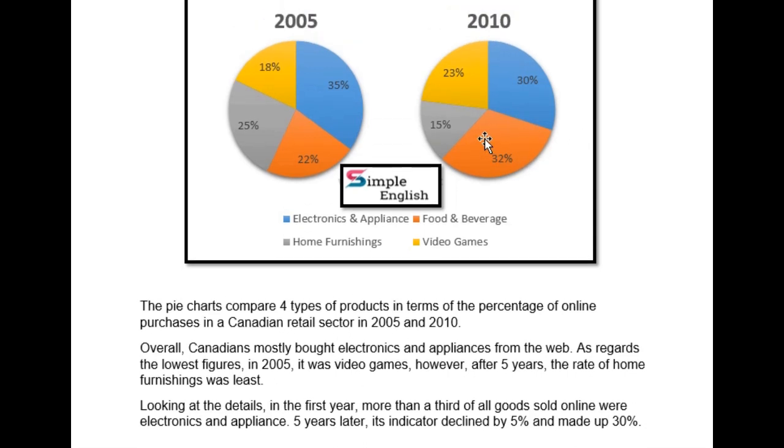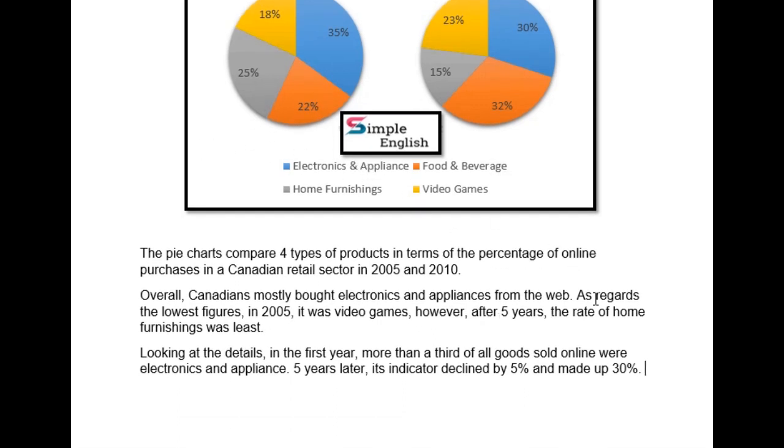So we have finished with 2010 and 2005 electronics and appliance, so we don't mention it anymore. So let's get to the next category, which is home furnishings, right? So I'm going to mention home furnishings and possibly the food and beverage. So let's try to do it.